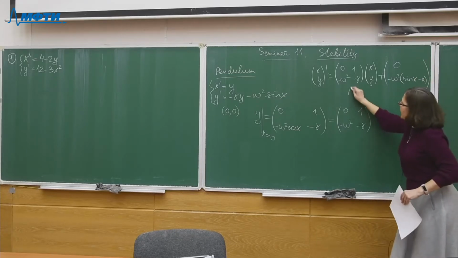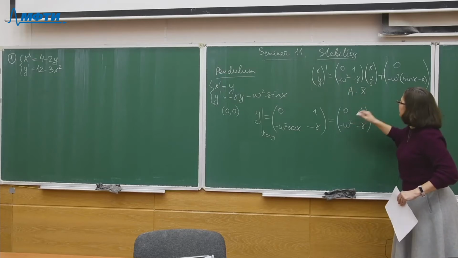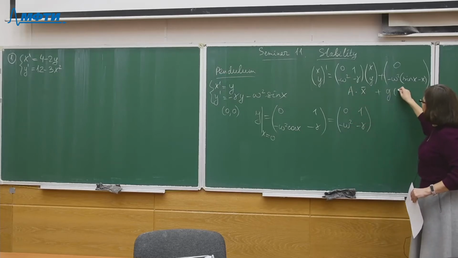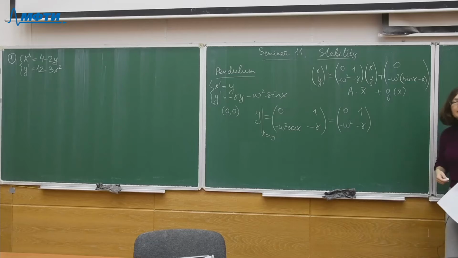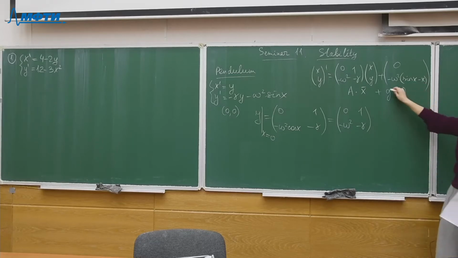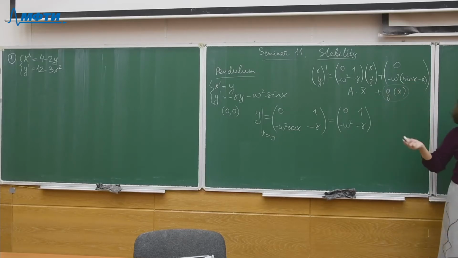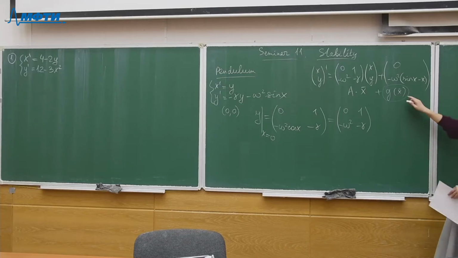So this is A times x plus g of x, right? g of x is a small function in comparison with the displacement x, with the vector x. So now this is small with respect to x, of course.